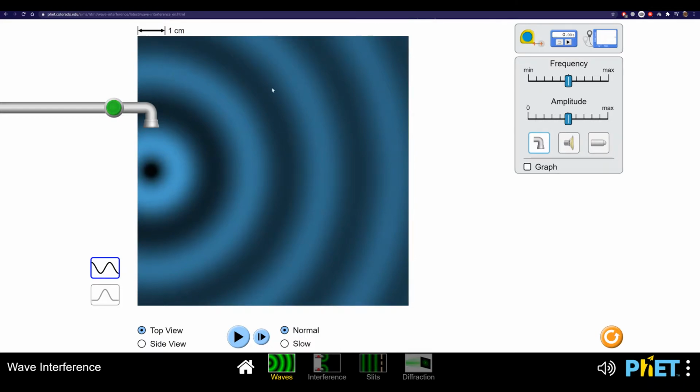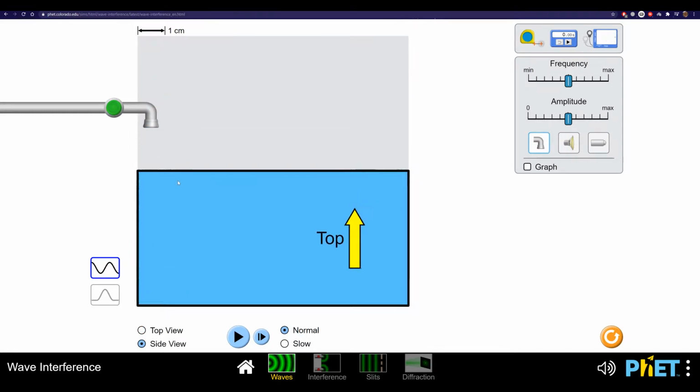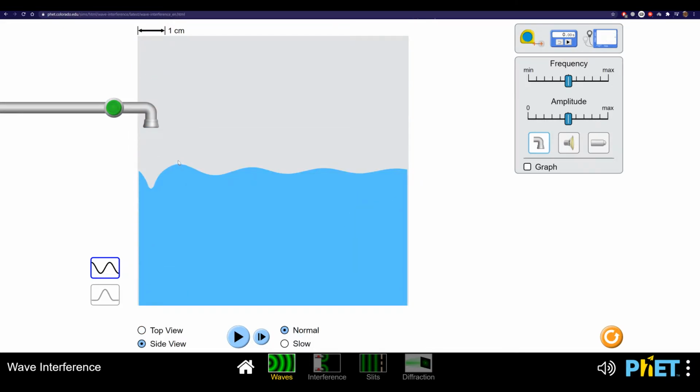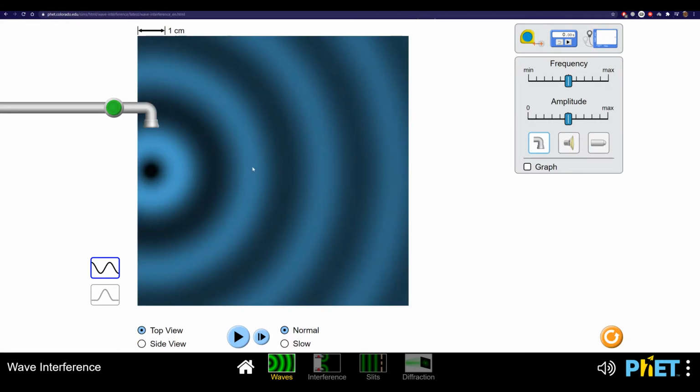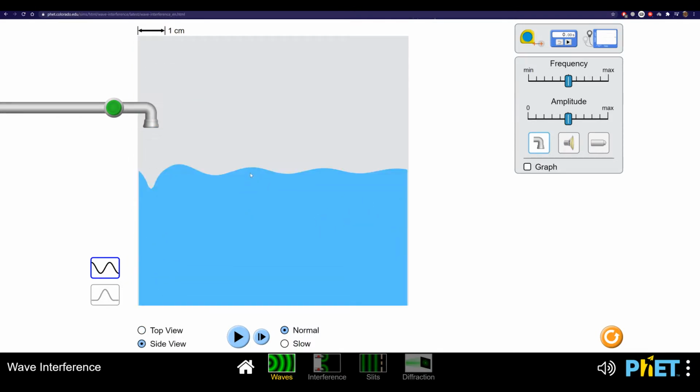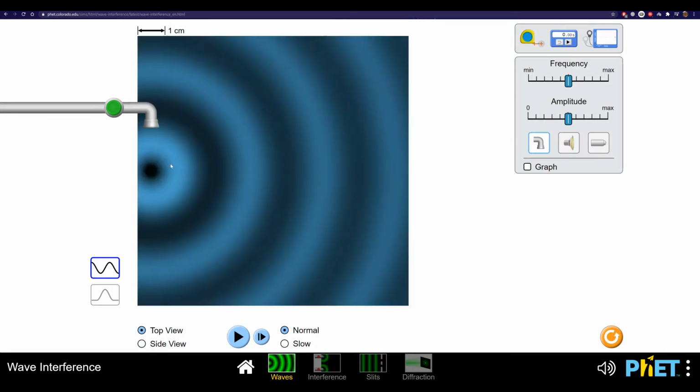If I put my cursor somewhere around this part of the screen in the side view, it corresponds to this thing, which is known as the crest. If I change to the top view, it corresponds to the light blue part of the wavefront. So the crest is actually represented by the wavefront.